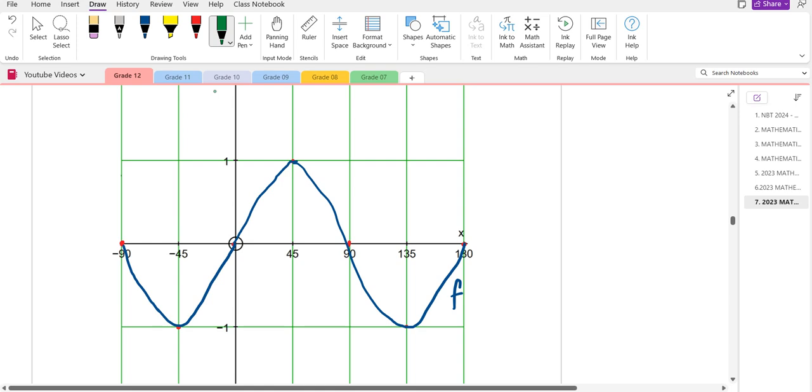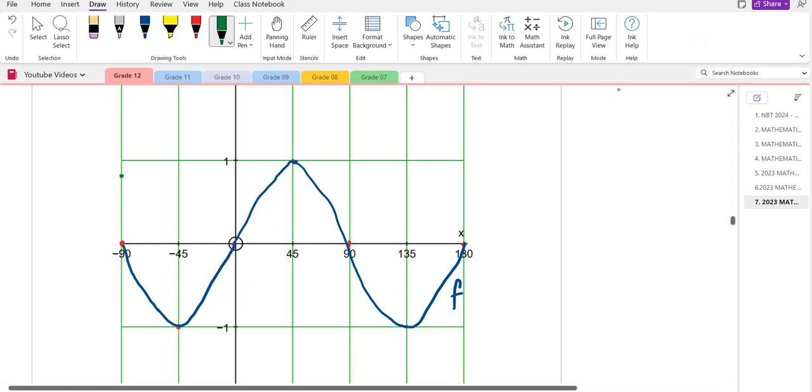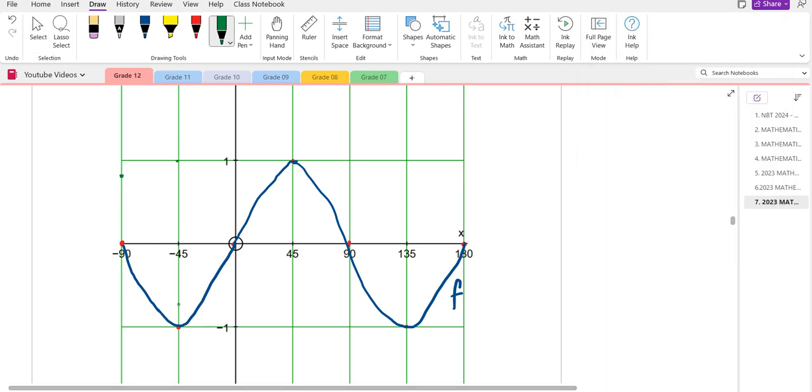Somewhere around here, right? When the value is minus 45, we're getting 1, and then 0.7071, and then symmetrical again, 0.7. They want one decimal place.